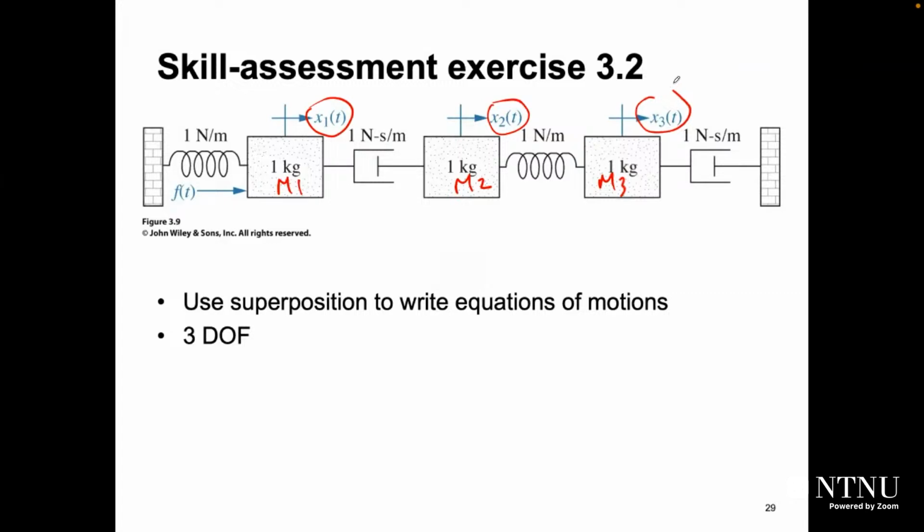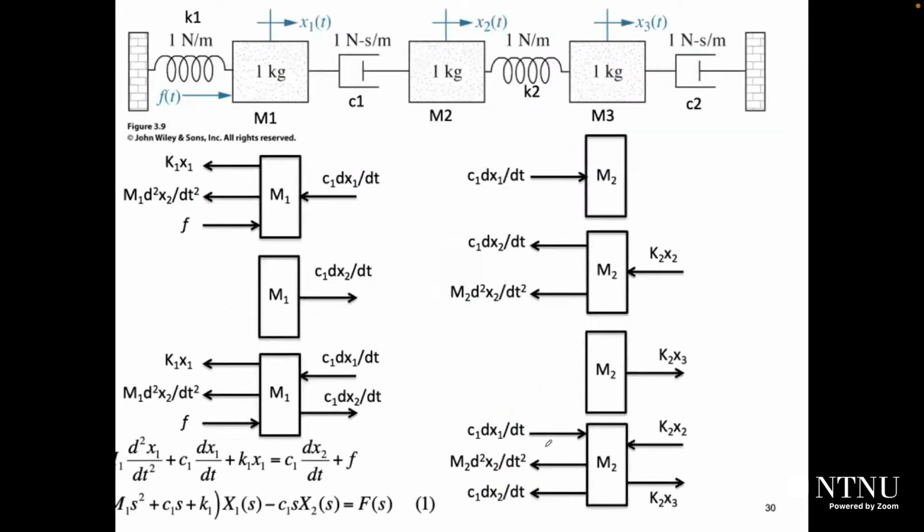In this case we will have 6 states: x1, v1, x2, v2, x3, v3. So the matrix will be very complex because it will be 6 times 6.